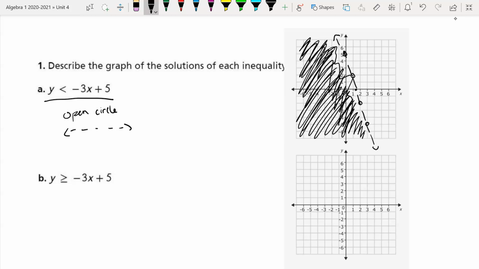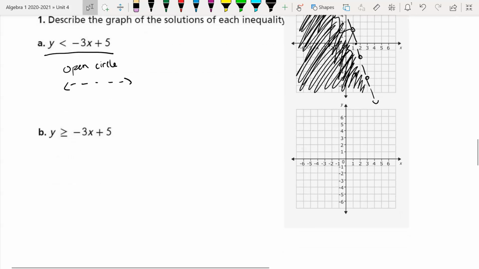So again, you can always start on your line and go up or down. Less than would be down, so I'm going to go below the line. Next one, same thing, except for now it's going to be a closed circle graph.